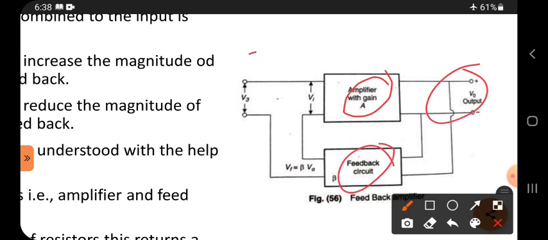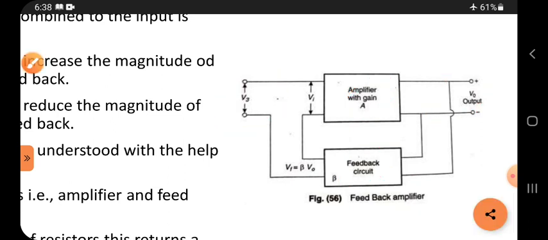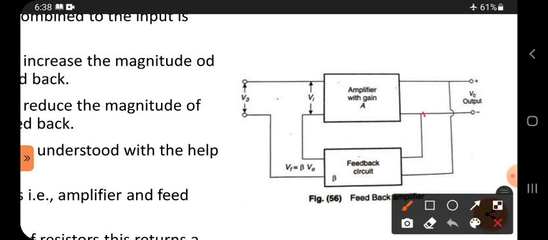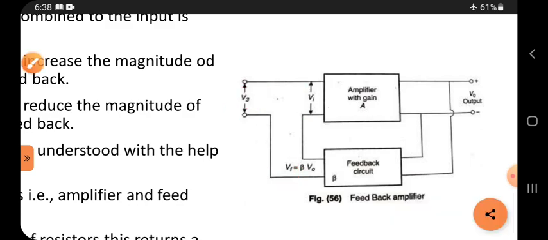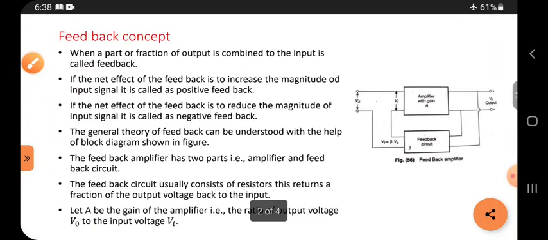From output to input, connections are given through the feedback circuit. This circuit takes part of the output and gives it to the input. The input signal is Vs. To this we add Vf, then it becomes Vi, as given in the diagram.